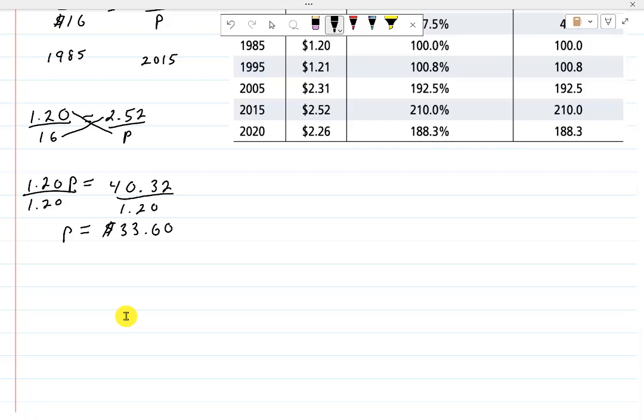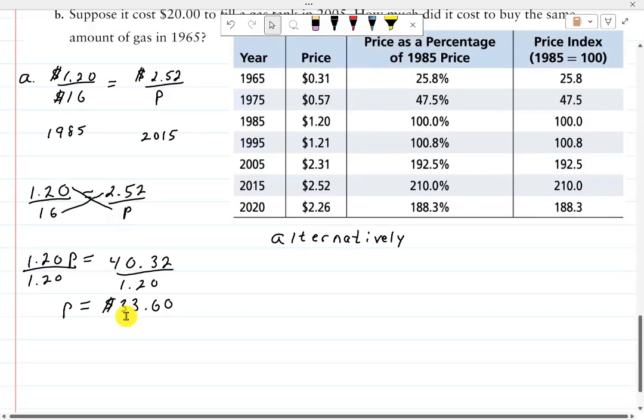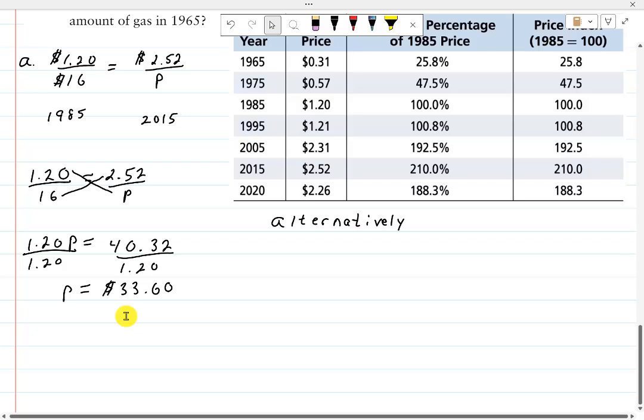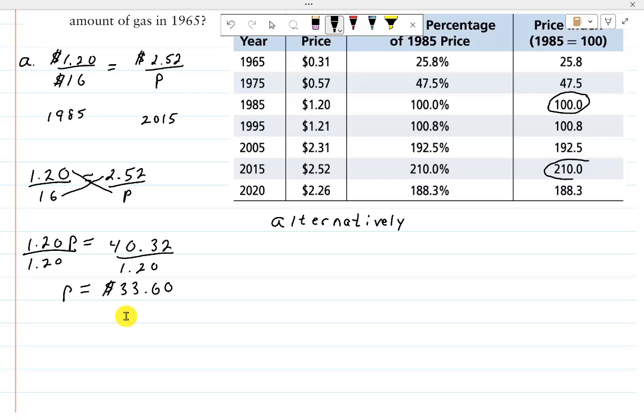Now, as I mentioned, there's a second way of doing this, an alternative. Instead of using the prices, I could have used my index numbers here, and what was the other number, 2015, here.